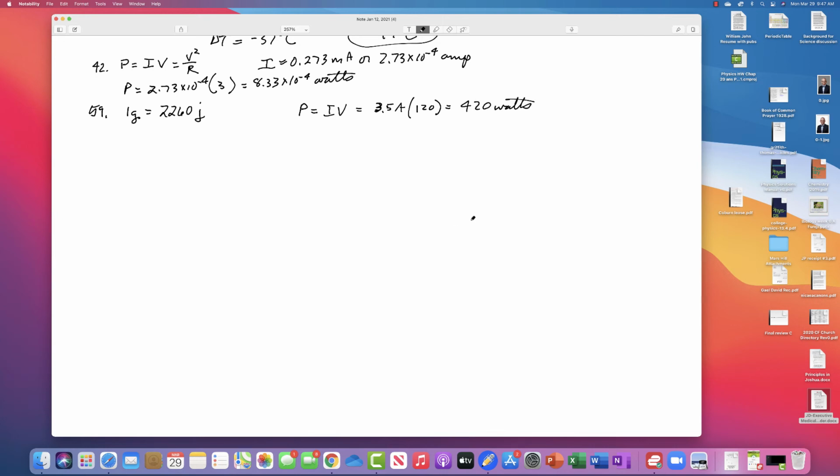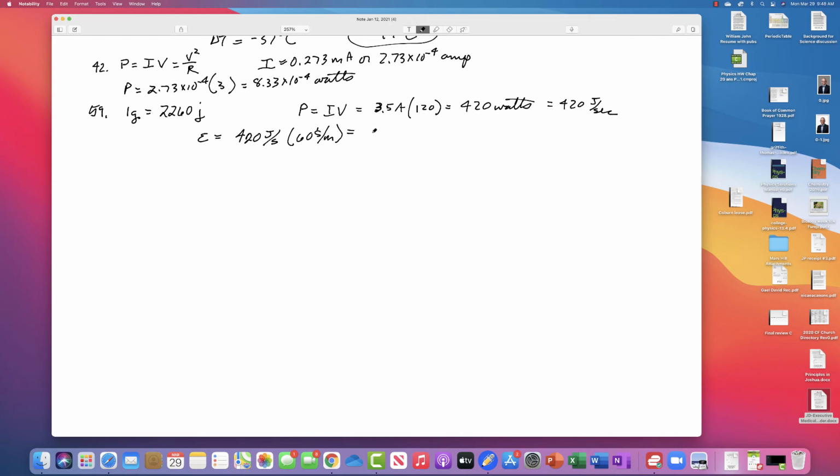Now I'm going to wait and put my efficiency in at the end. So let's work this problem as if 420 watts is equal to 420 joules per second. That's what a watt is, joules per second. The problem asks what is the vaporization rate per minute. So the total energy is 420 joules per second times 60 seconds per minute, and that tells you the energy you're putting out per minute.